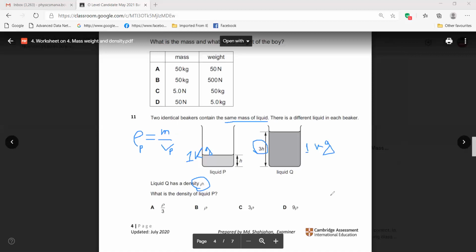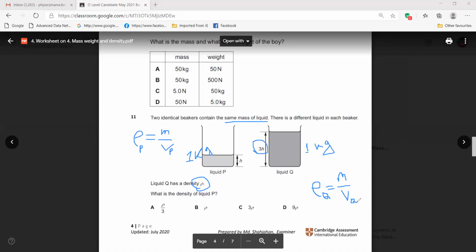Now look, for Q it's rho Q, and it is m by VQ, right?